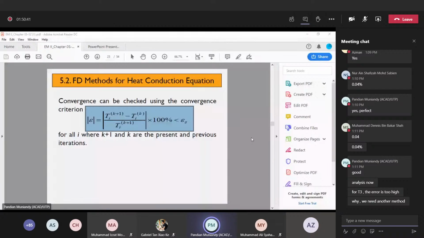So altogether, three methods under FD methods to solve the heat conduction equation: explicit, implicit, and Crank-Nicholson method.